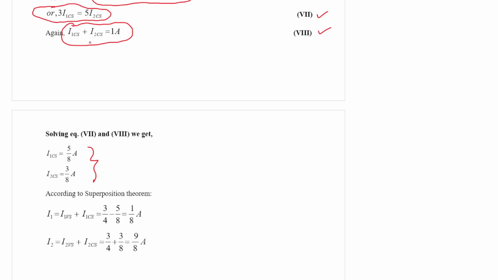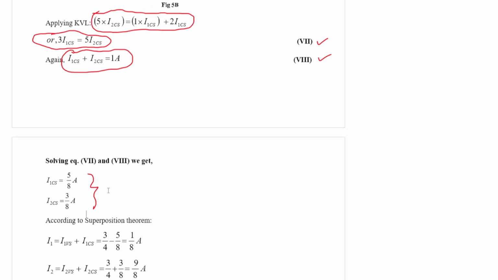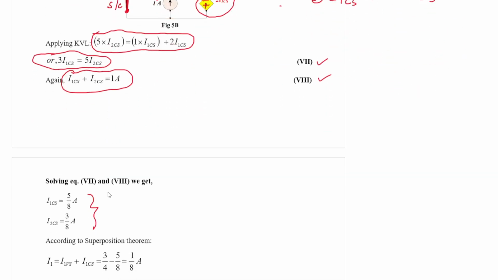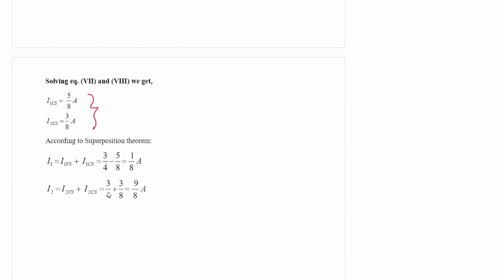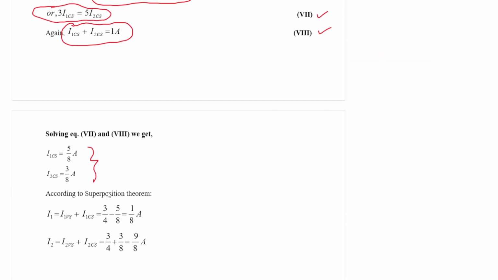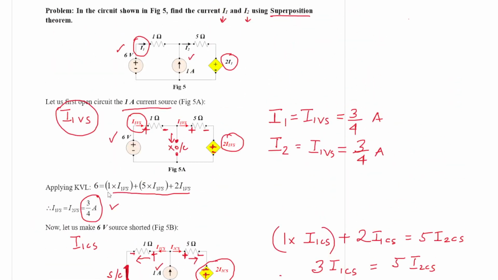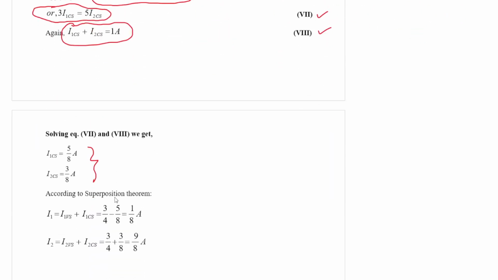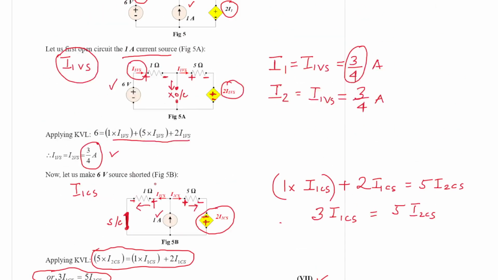If you solve these two, you will get the answer for the second case. Initially, the first current is 3/4 ampere for the first case. In the second case, you are getting 5/8 ampere, but in the opposite direction.